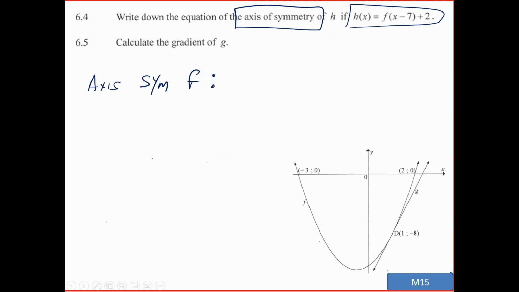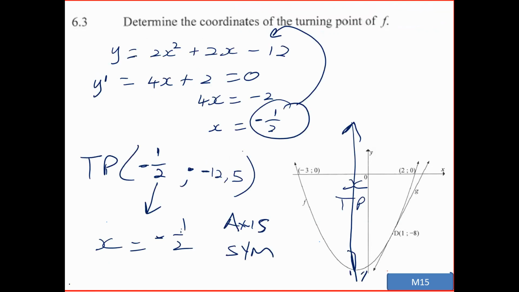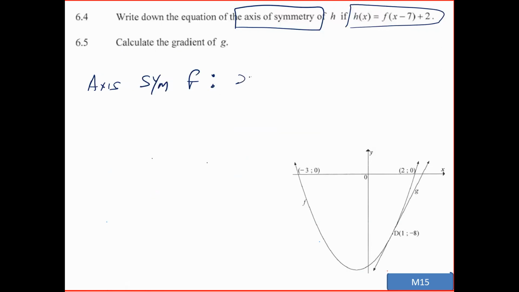Remember, if we go back, I told you that the x value of the turning point of the parabola is the axis of symmetry. So we know x is equal to minus half. So we need to know what is happening to this actual graph. So the graph is moving 7 units right. Will we agree with that?